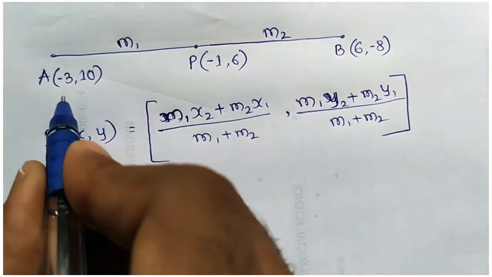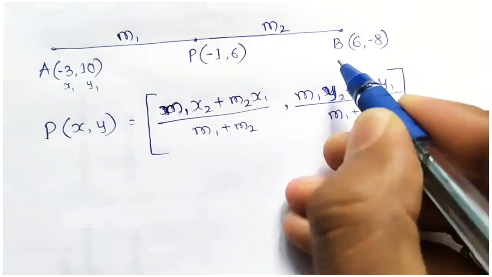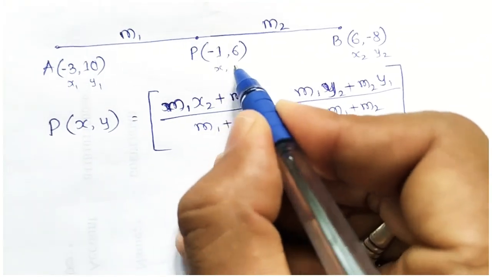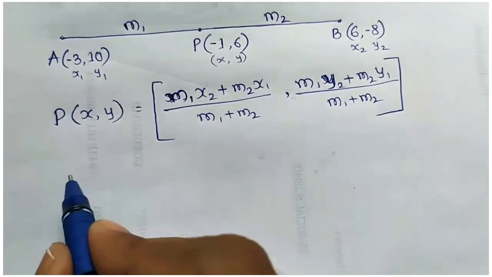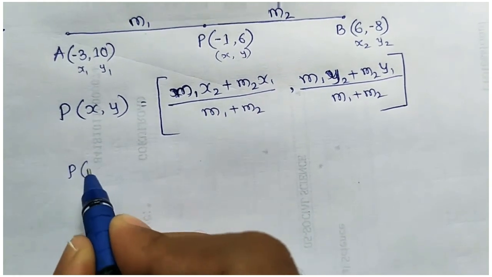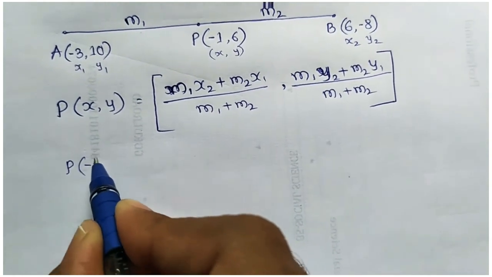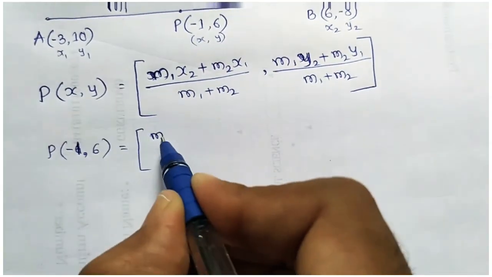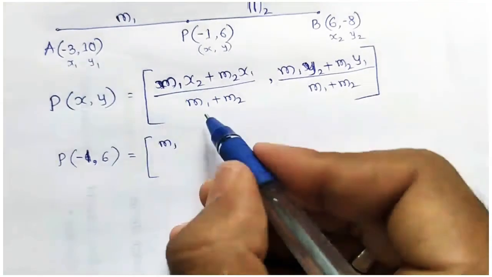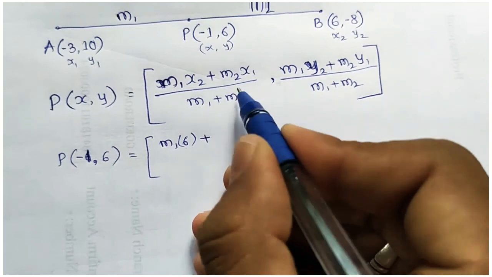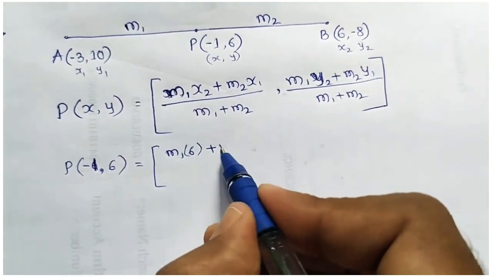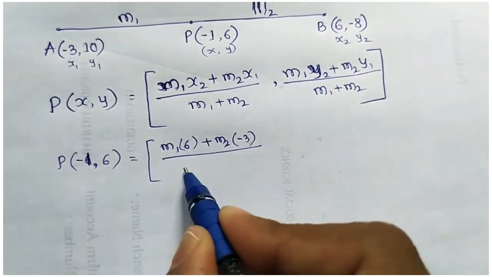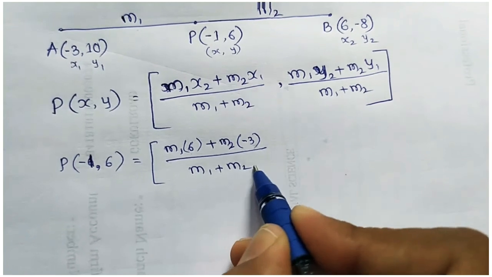Let's take the point coordinates as x1, y1, x2, y2 and the coordinates of the division point will be x, y. First you substitute the values. P of x, y is minus 1 comma 6 equal to, m1 we don't keep like that only. x2 is how much? 6 into m1 plus m2 times x1, which is minus 3, divided by m1 plus m2.